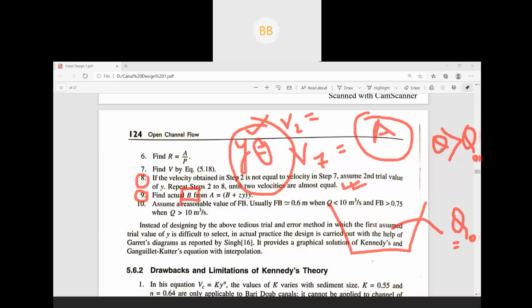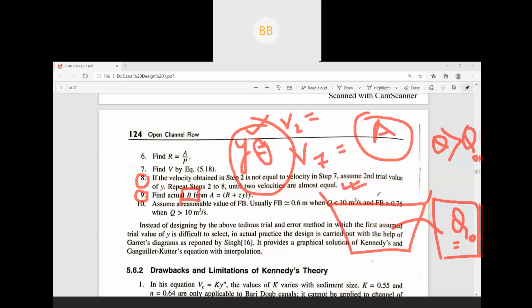If a discharge came greater than this Q naught, Q naught is the discharge for which we have designed this particular trapezoidal channel. So for the worst case scenario, we are going to provide some extra depth of flow, or extra depth of channel.